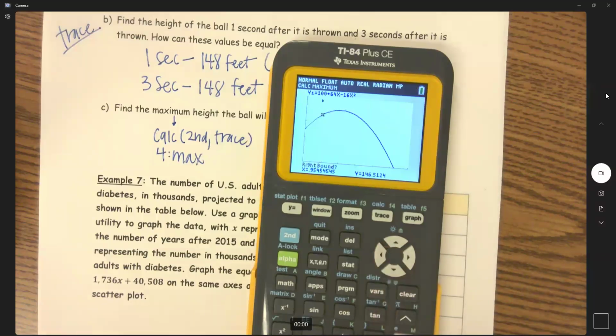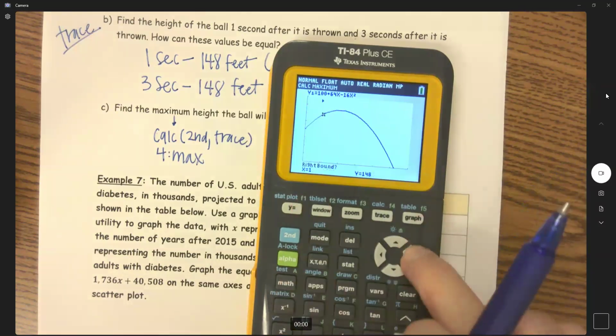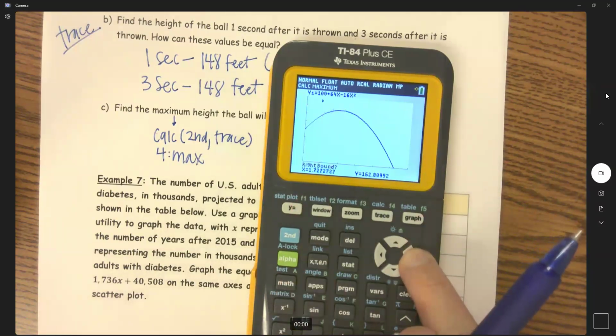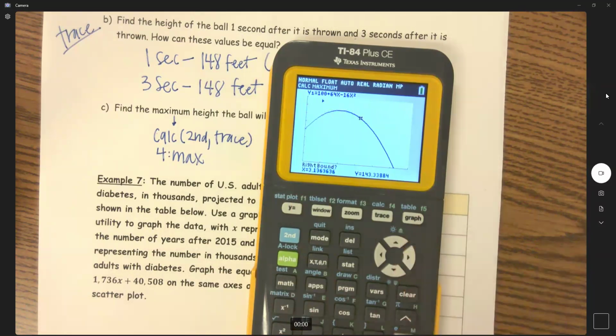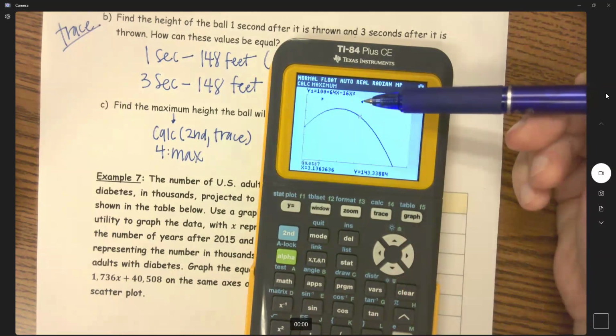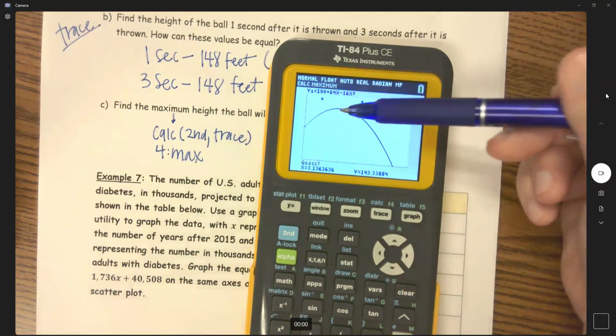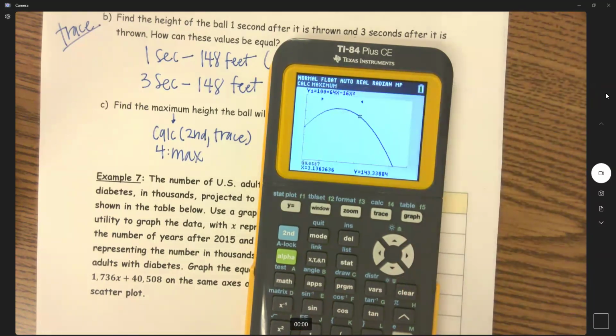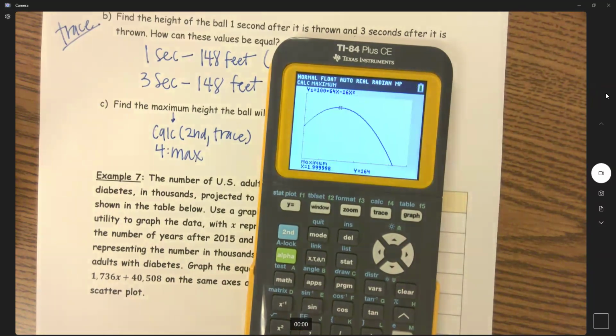Hit enter. Now I need the right bound, arrow over. My max is somewhere over there, so we're going to keep going. On that guess, are you around that max? And yes, we are, so hit enter again. And my max is 1.9999998. That's basically 2.